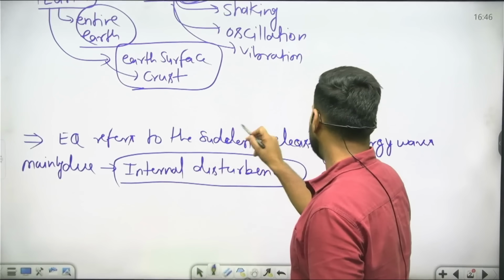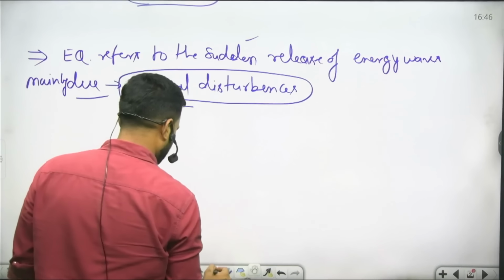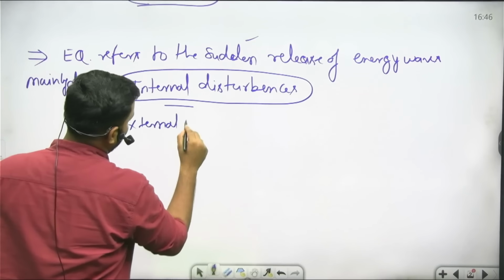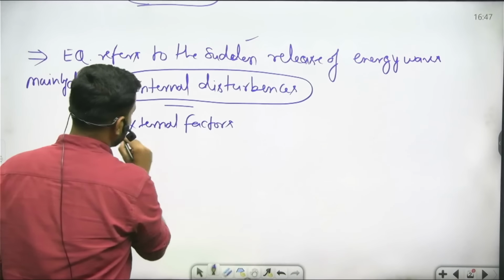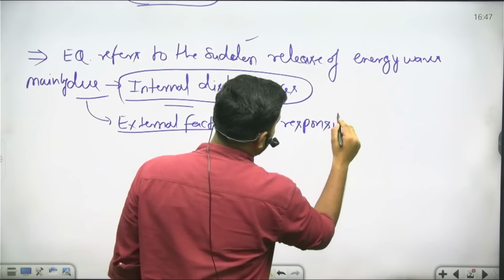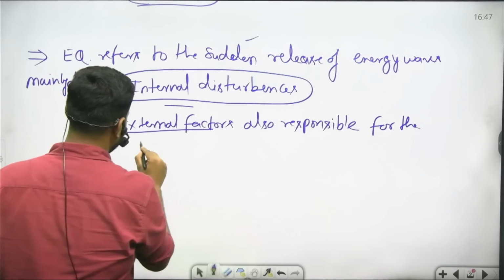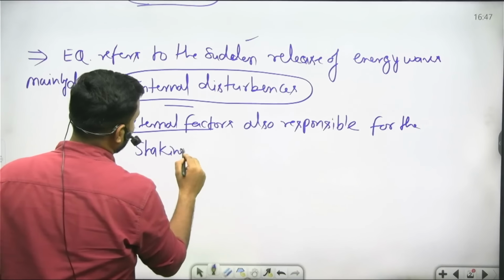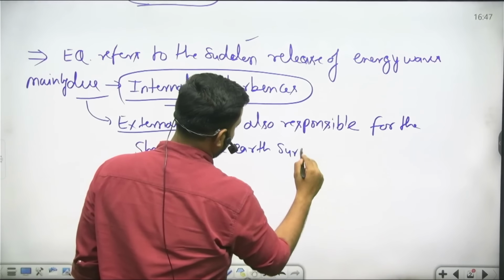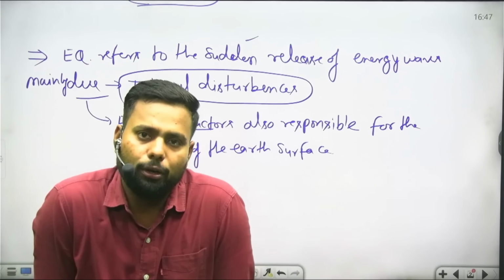Earthquake refers to the sudden release of energy waves mainly due to internal disturbance, but external factors are also responsible for the shaking of the earth surface. So earthquake is the abnormal or sudden release of energy.